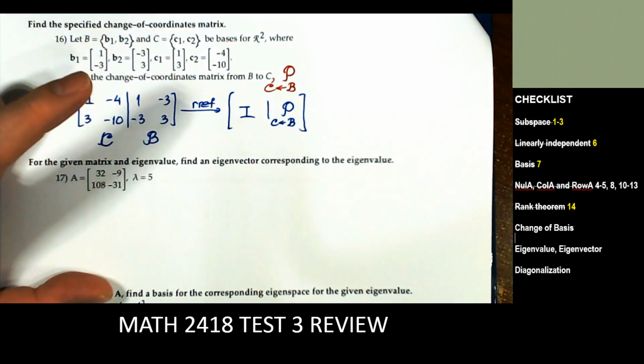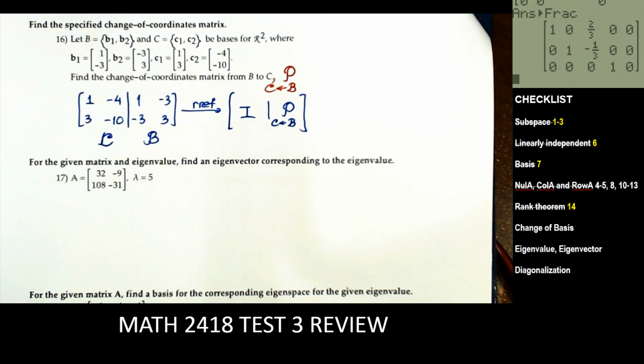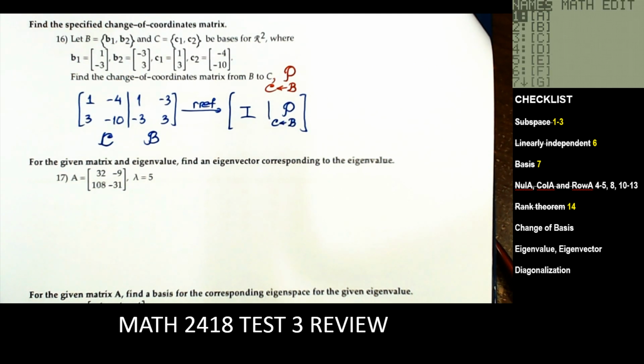So just do the reduced row echelon form of this one. Of C, and this is the basis. So reduced row echelon form.